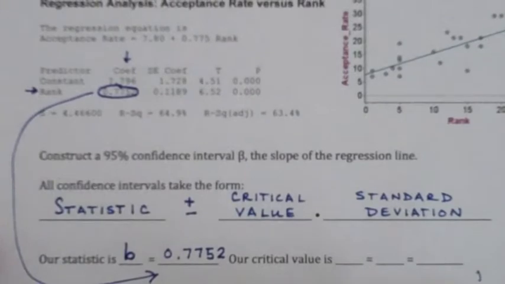Meanwhile, our critical value here is a t-score with n minus 2 degrees of freedom. The reason for the minus 2 is basically because we have two different variables here, acceptance rate and rank, and so it decreases our degrees of freedom just by a little bit.